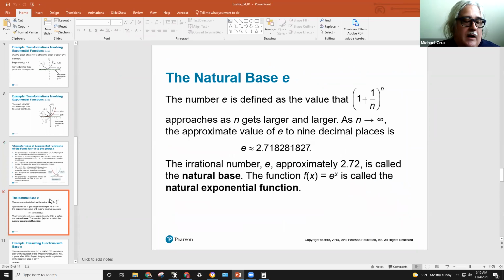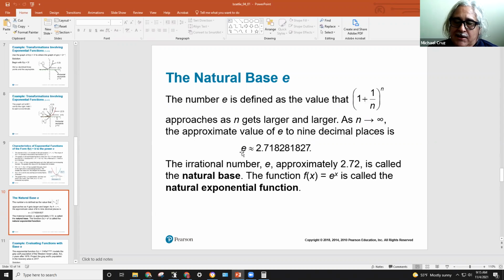All right. Now, the natural base e is very important in modeling things in not just mathematics, but in science as well, in many areas of science, because it mimics the behavior of many things that exist, well, naturally, for no other better word.